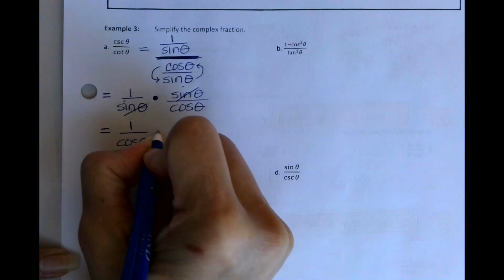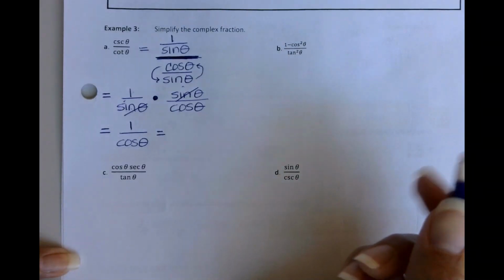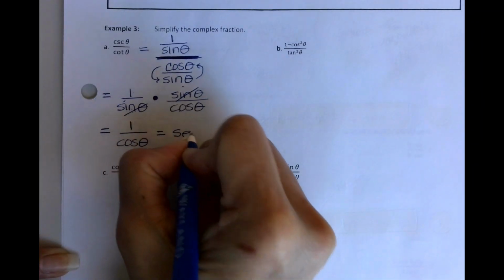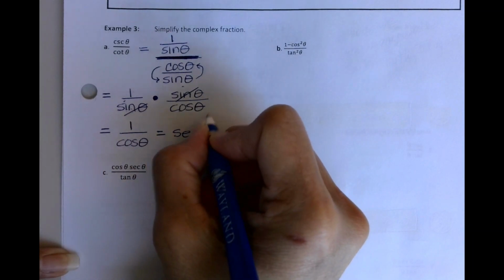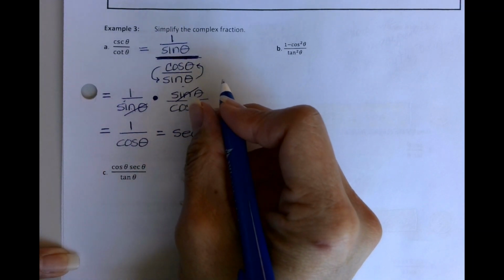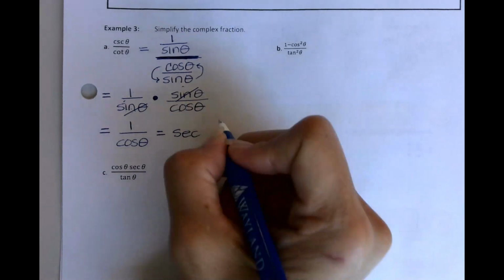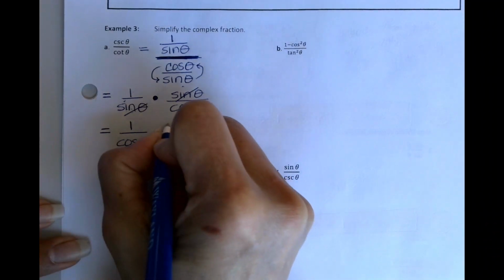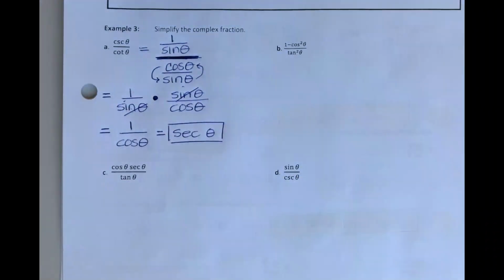But if you look upstairs, 1 over cosine, upper right-hand corner of that formula chart, tells us that our answer is a, what did I do? Yeah, secant. Sorry, I got lost here. I was looking at the wrong page. Secant theta. There we go. Single trig function.